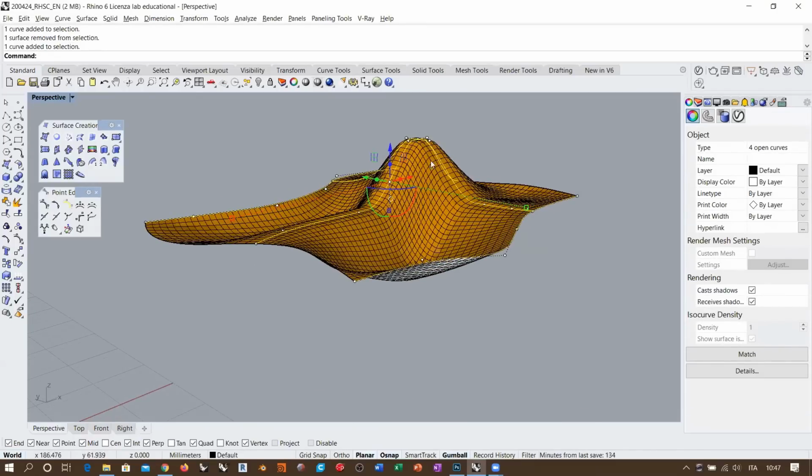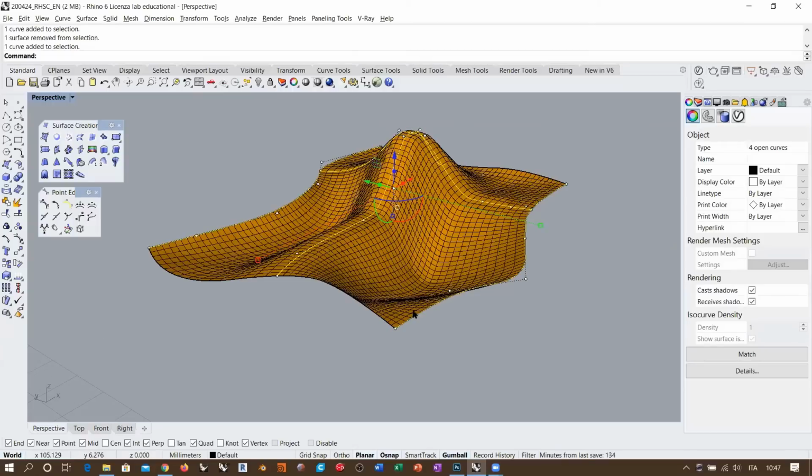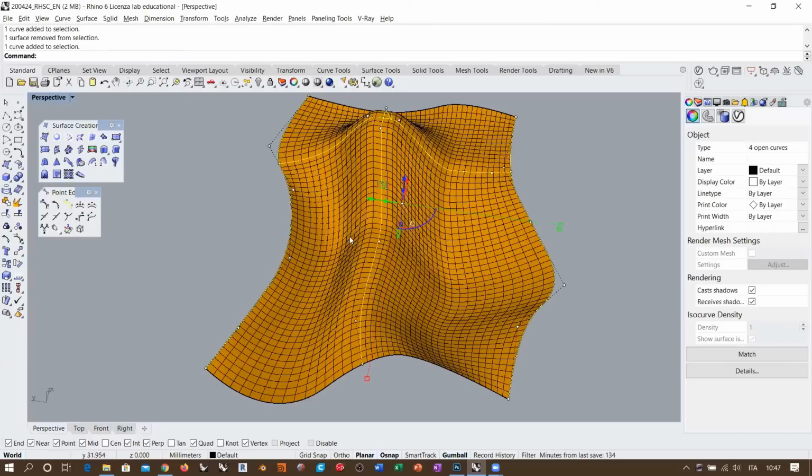Imagine like if this was a sweep to rail, okay, between these two portions of longitudinal isocurve. If you imagine this portion of cross section flowing along these two rails, it will produce this kind of depression here. So that's why you get this thing here, because the surface from network of curves is a double interpolation in the U and V direction. So there is no possibility of controlling these internal areas here.